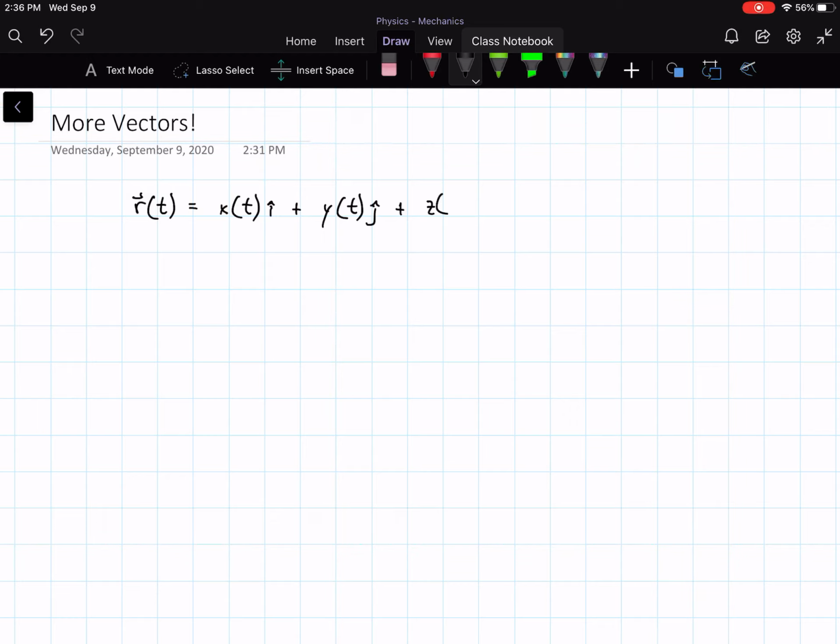It looks much the same. And let me just spell out a few things here, okay? Identify a few things. Okay, so this is our position vector, and this version is for 3D.